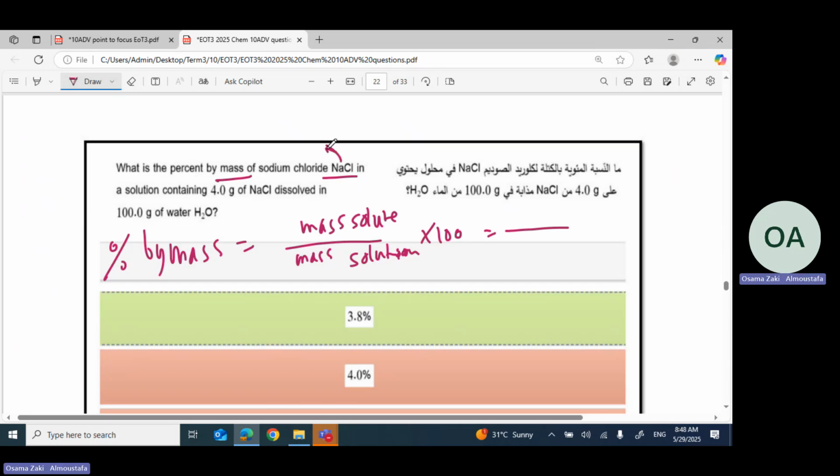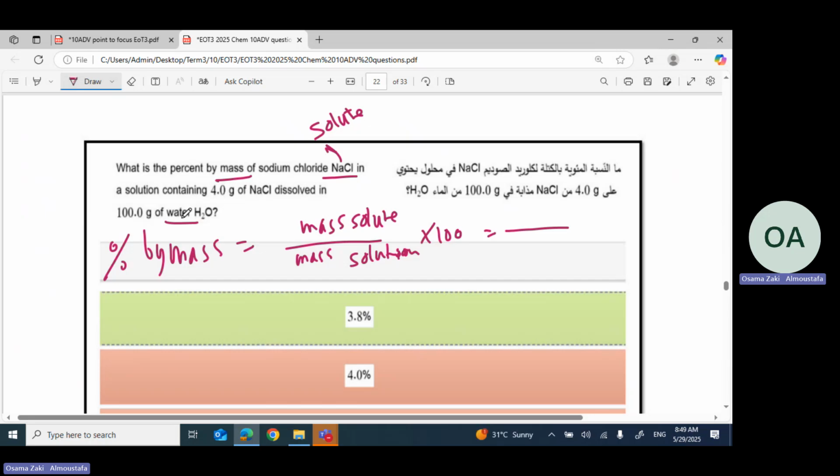NaCl is the solute. How do we know? This is the substance that will dissolve in water, so this is the solute and water is the solvent. Another way: look, 4 grams, 100 grams. The solute is less abundant than the solvent, so 4 is the smaller one. So this is the solute.